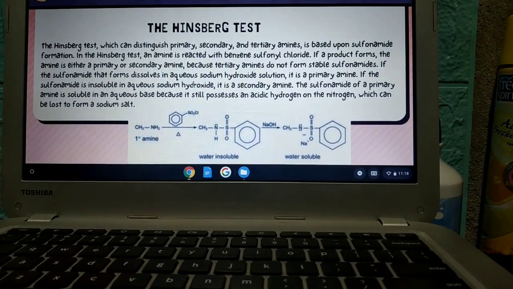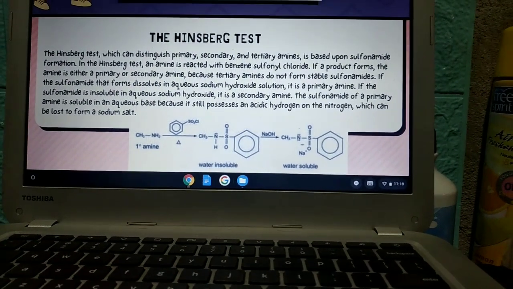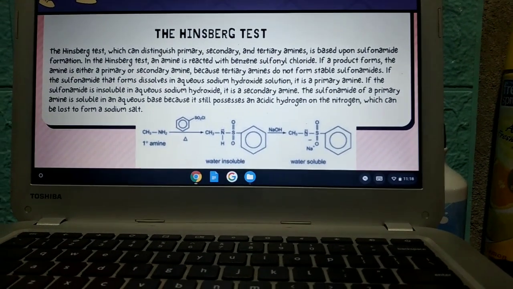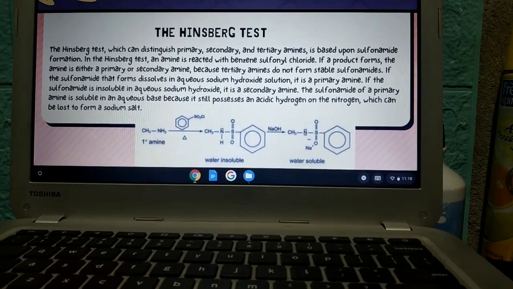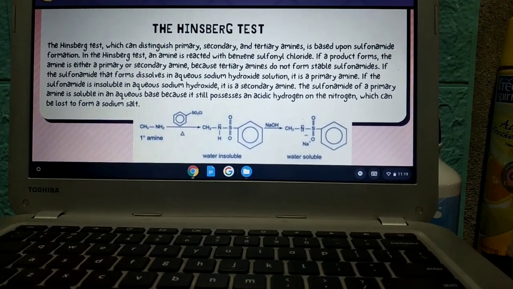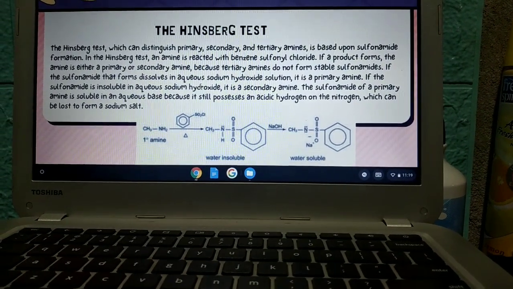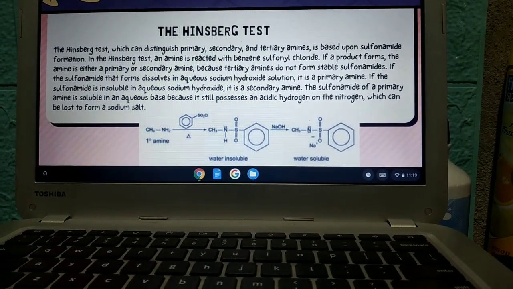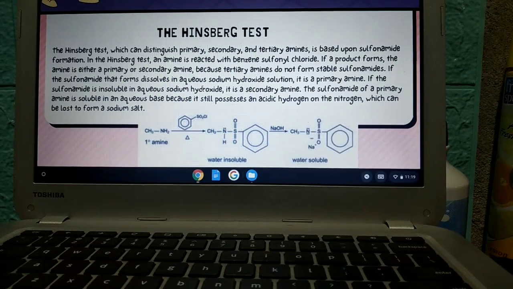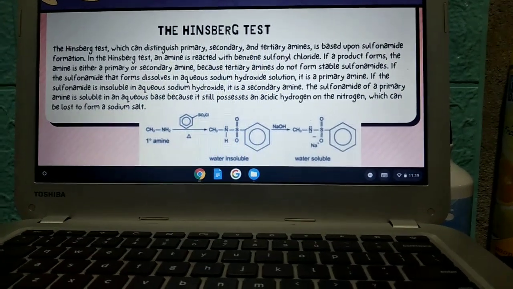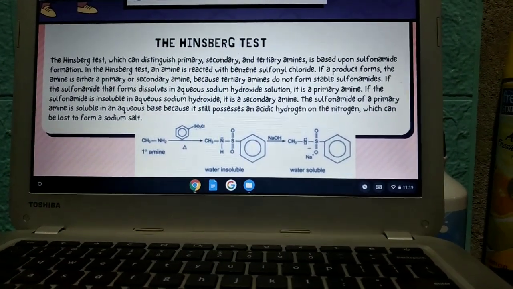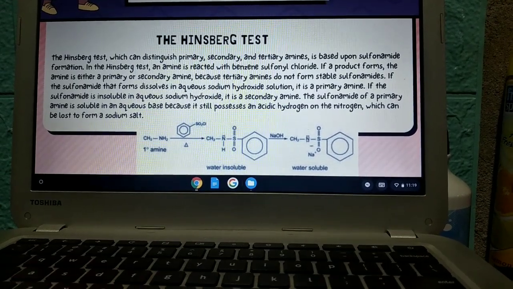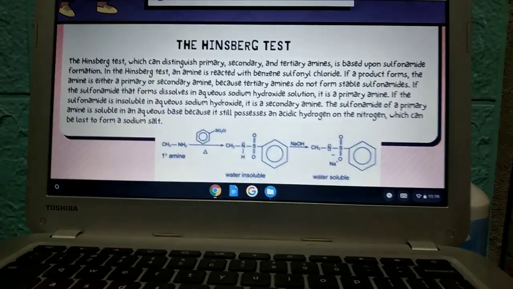If the sulfonamide is insoluble in aqueous sodium hydroxide, it is a secondary amine. The sulfonamide of a primary amine is soluble in aqueous base because it still possesses an acidic hydrogen on the nitrogen, which can be lost to form a sodium salt.